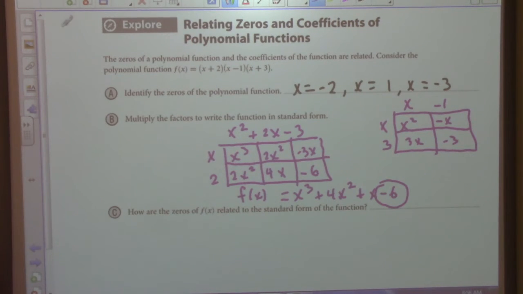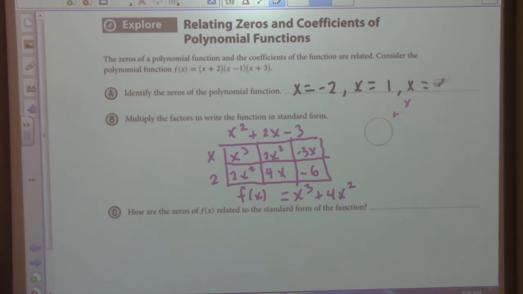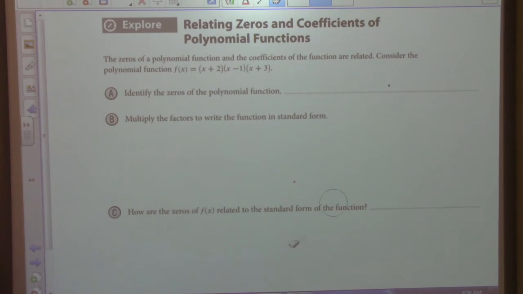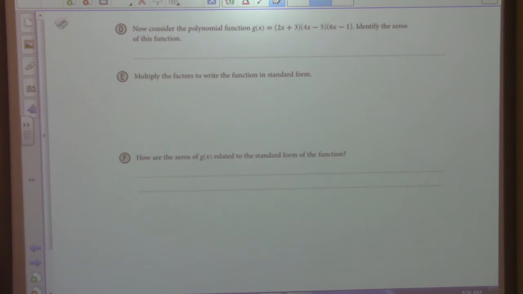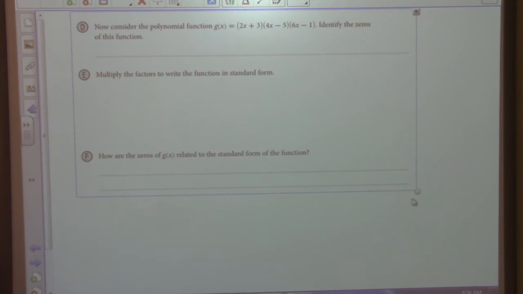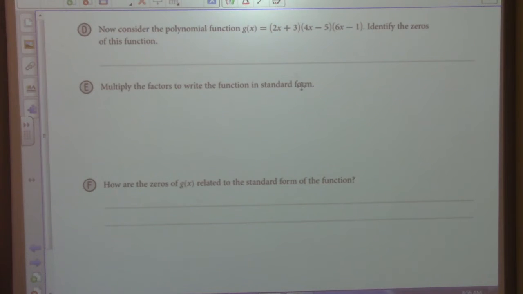What this does is introduce us to something called the, let me erase this first before I go on. Let's go ahead and figure out the zeros for this first. We have this other function here, g of x equals 2x plus 3 times quantity 4x minus 5 times quantity 6x minus 1. Identify the zeros of this function.